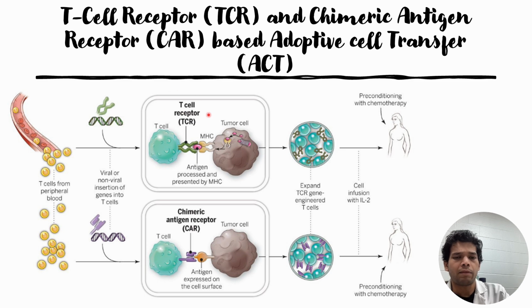One of the mandatory requirements in this T cell receptor based approach is that the antigen information needs to be presented by the antigen presenting cells to these T cell receptors, and only then will these T cells respond to those antigens which are present on the tumor cells. So in this case, one of the main mandatory requirements is that the antigen is processed and presented by the major histocompatibility complex.